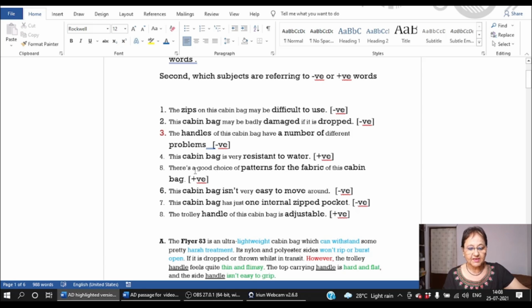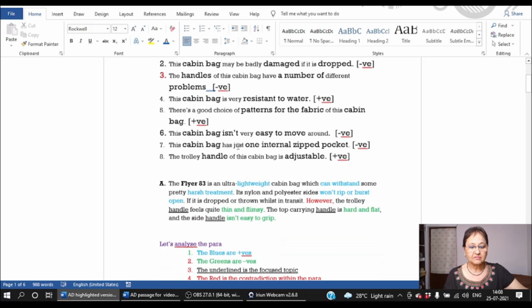Then the next one we can take is talking about cabin bag fabrics. That is not relevant. Cabin bag isn't very easy to move. That is not mentioned. Cabin bag internal zip pocket, internal, has just one, but the passage says does not have, so we can't take number 7.